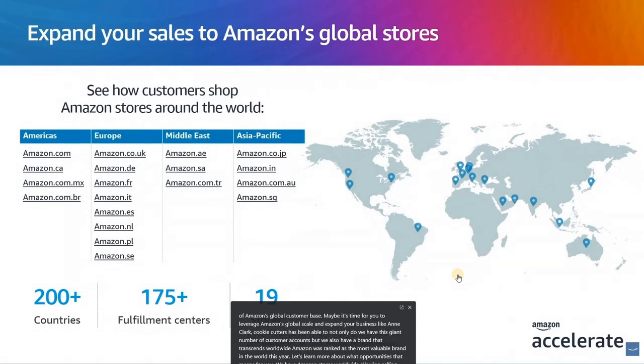If I list them by region, we have 19 stores across the Americas, Europe, Middle East, and Asia Pacific. These stores allow you to reach customers in more than 200 countries with the backing of over 175 fulfillment centers to help you scale your business.